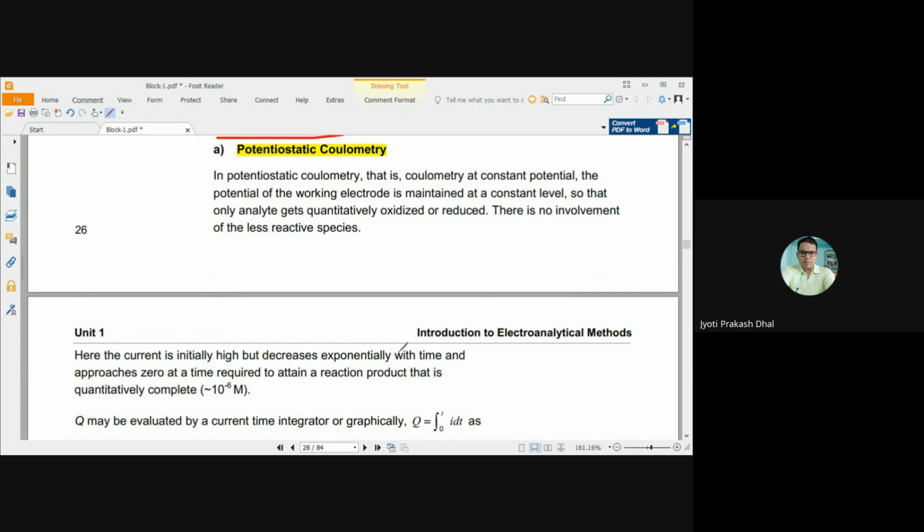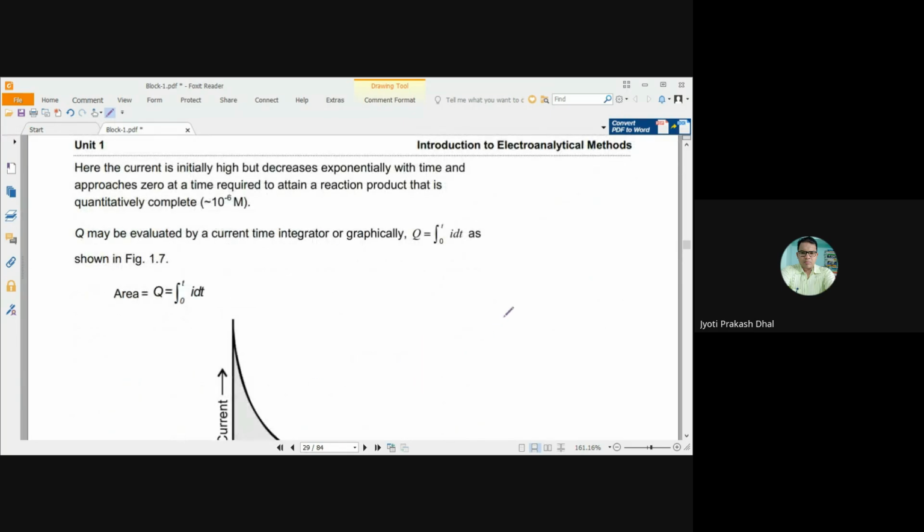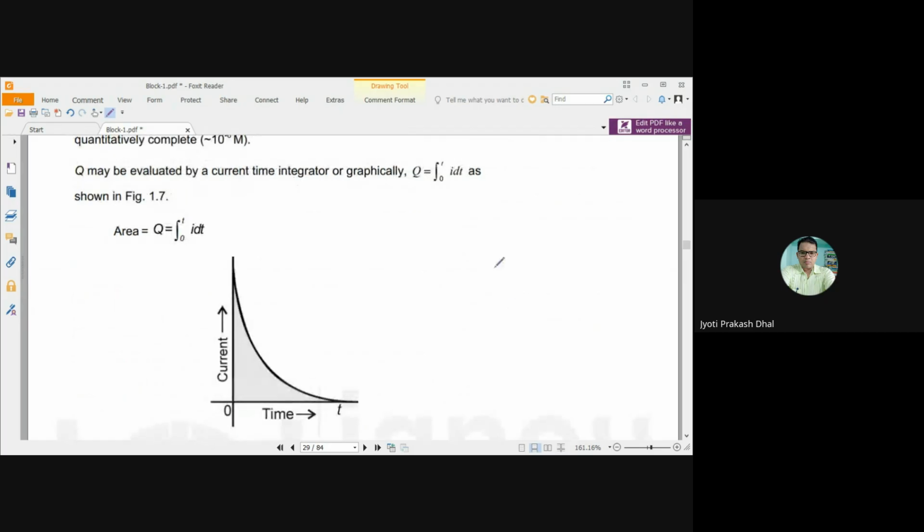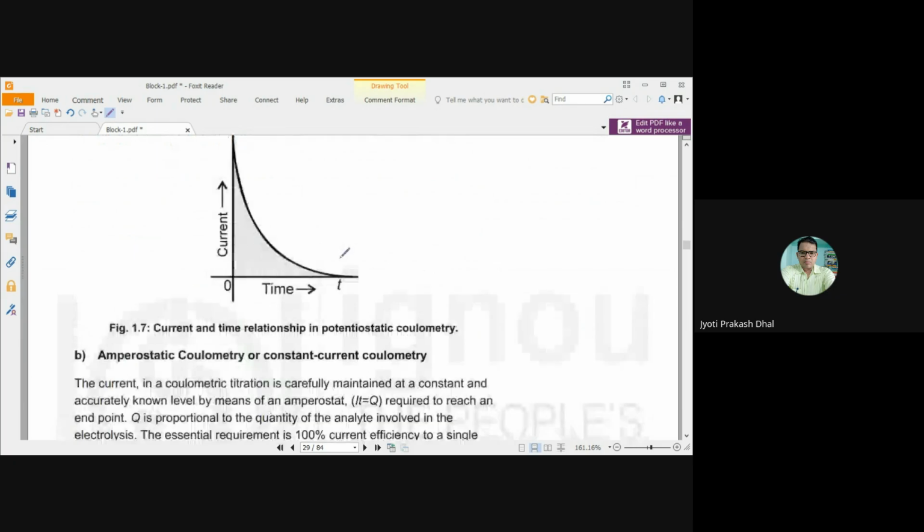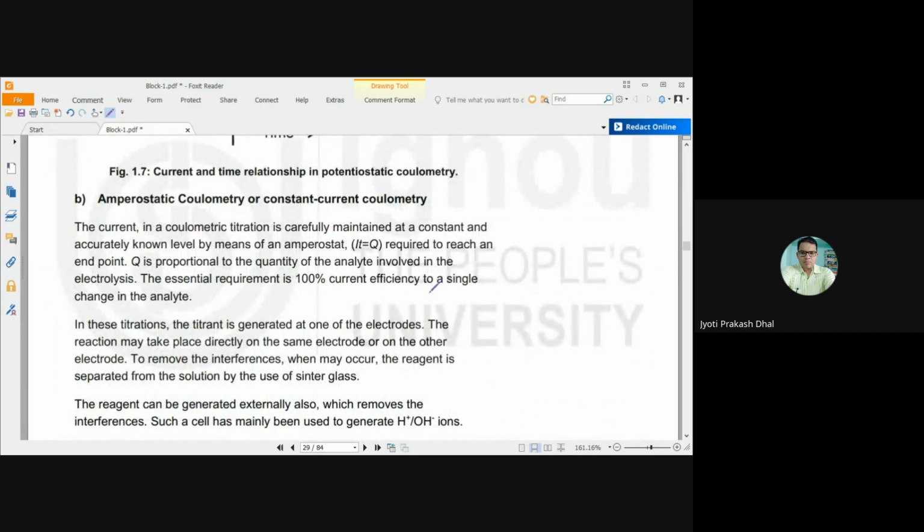Here the current is initially high but decreases exponentially with time and approaches zero at the time required to attain a quantitatively complete reaction product. Q may be evaluated by current-time integration, that is graphically, Q equals the integral from 0 to t of I dt.